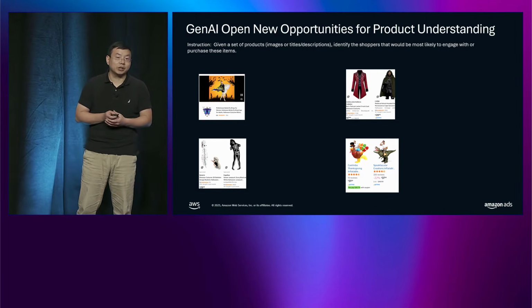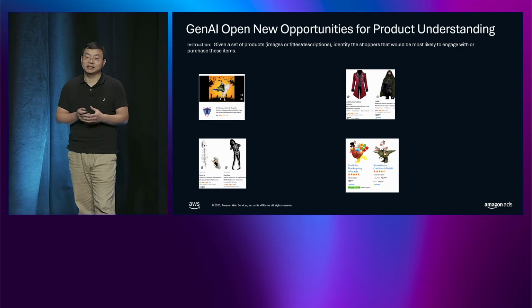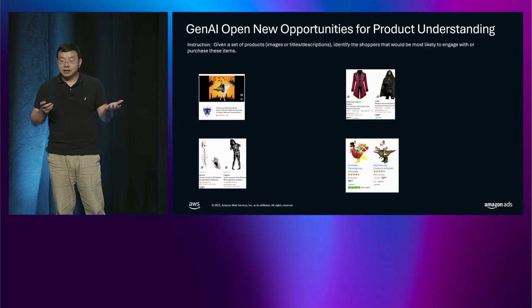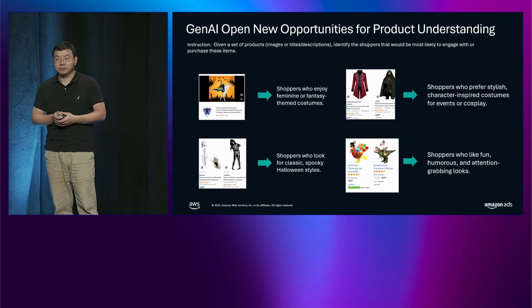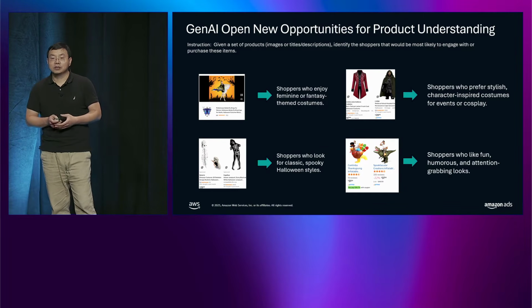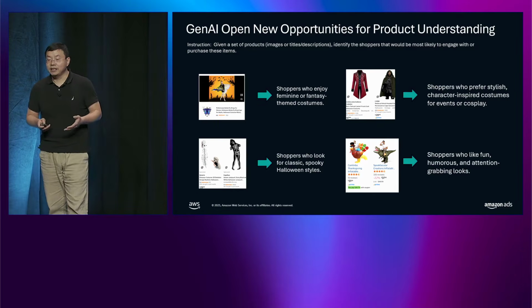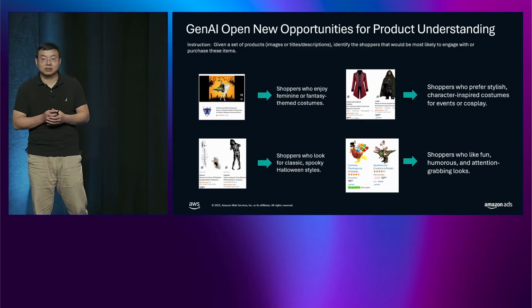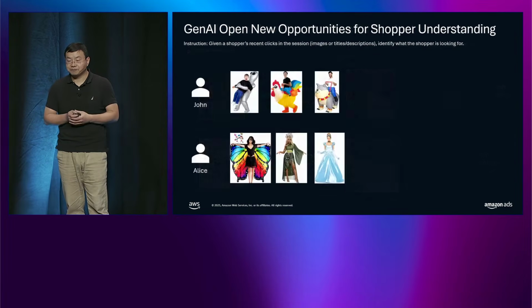We might ask a question: given this product, who are the shoppers that might be interested in these items? Gen AI can take the model, product, and also image, title, description as input, and produce who the shoppers likely interested in these items are. They can be either looking for fantasy scenes or traditional costumes, as well as simply for fun options.